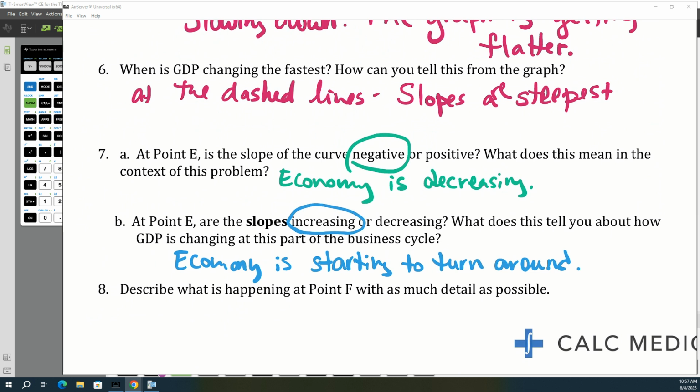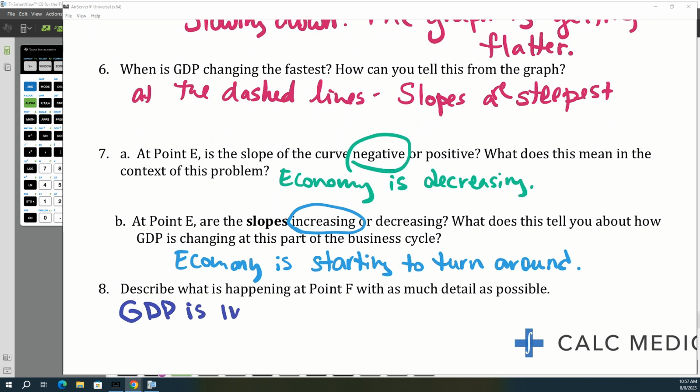All right, so let's talk about point F. F is a good point for the economy. Okay, so at point F, is the GDP increasing or decreasing? The GDP is increasing. What about the rate at which the GDP is increasing?